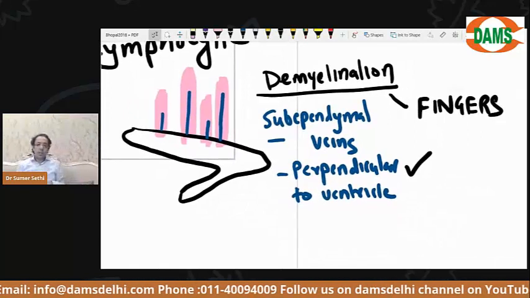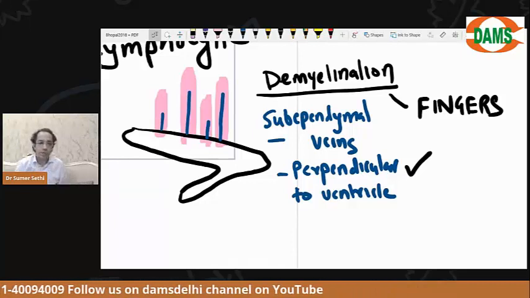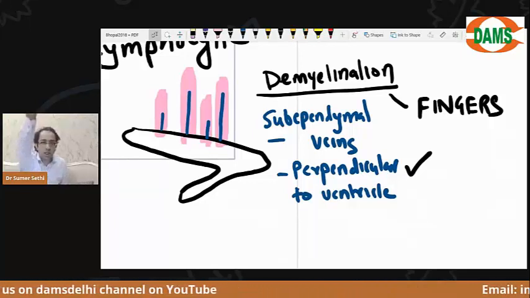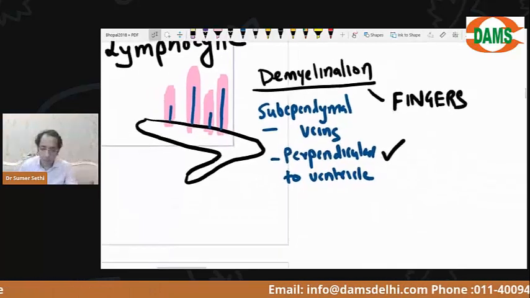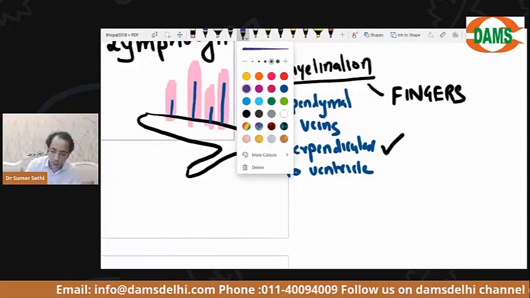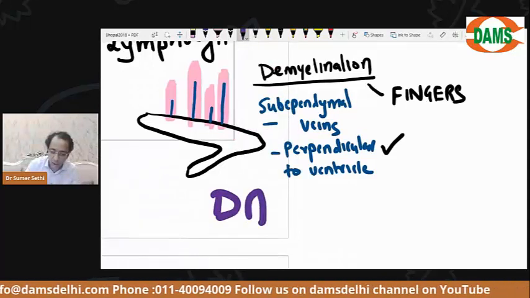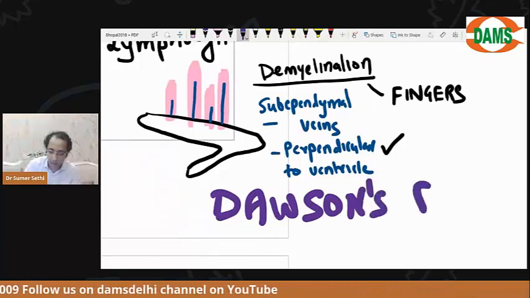In MS, you will have demyelination around the veins, shaped like fingers going perpendicular to the ventricle, described by a pathologist called Dawson. Hence, these are called Dawson's fingers.